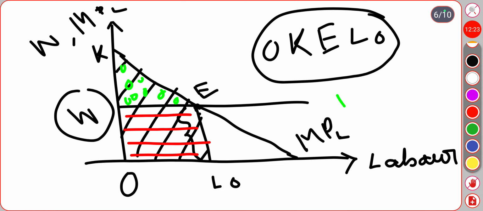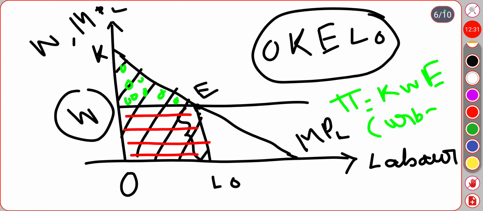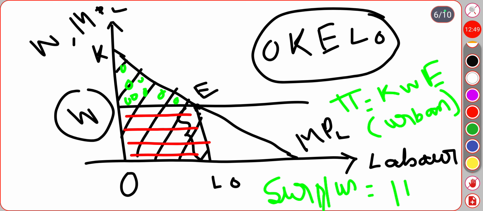Profit is KWE for urban. There is surplus in the economy. So this is the surplus. What is surplus? Surplus is profit, this amount.